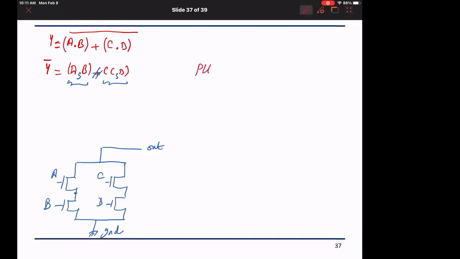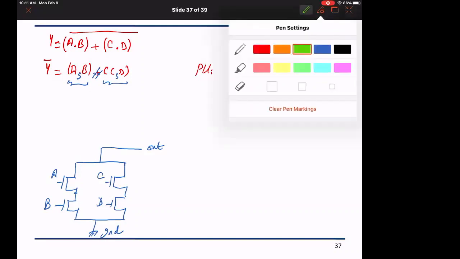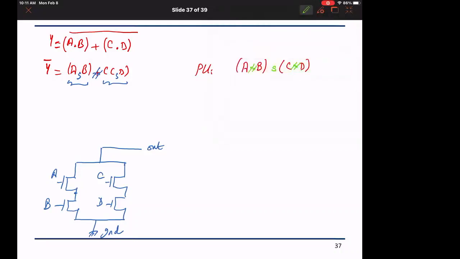So this is for the pull down. Now for the pull up, I keep the same bracketing, meaning A and B were together, then C and D together, then I acted on those two, and I flip the series to parallel and the parallel to series. So now if I want to draw the pull-up network, I have to start with A parallel to B. So I have two PMOSes, which are A parallel to B, and these are PMOSes.